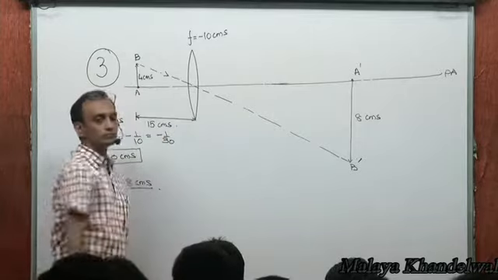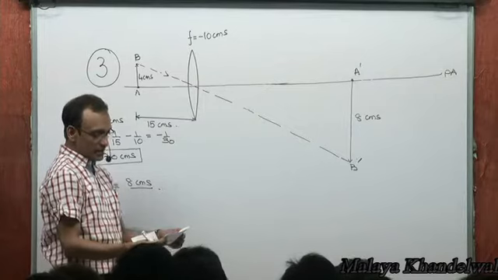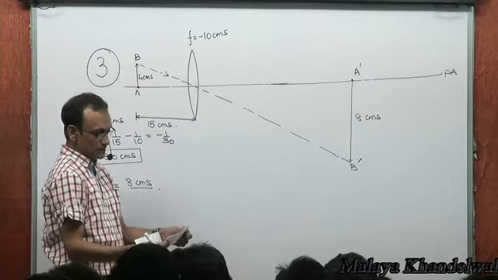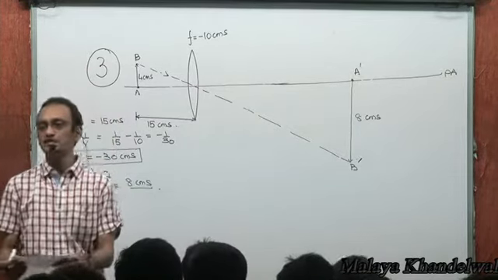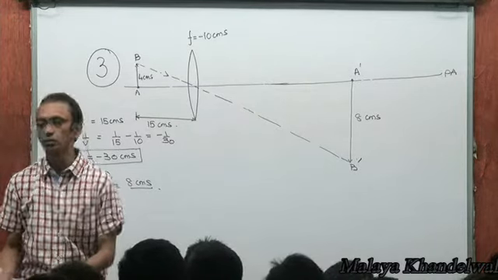Now, look. 10 centimeters from the lens, a plane mirror is placed at 45 degrees with respect to the principal axis. Okay.